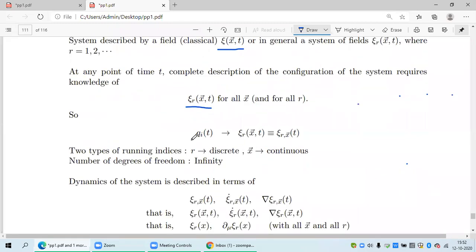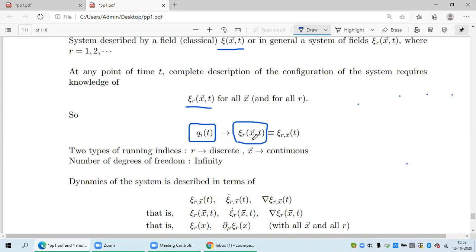Therefore, you think that this field psi plays the role of a generalized coordinate, but where x is not a single number. Think of this x like this i.